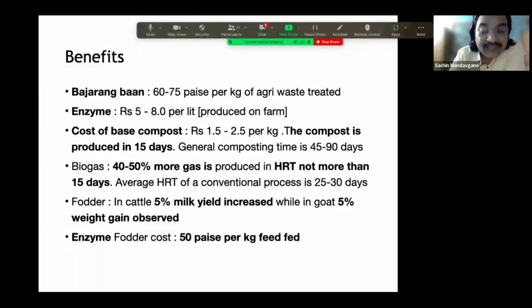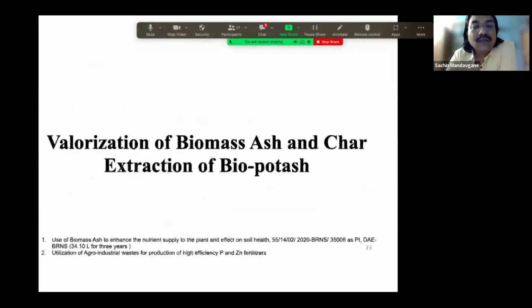HRT matters because that decides the volume of the reactor. Conventional process has HRT 25 to 30, whereas in our case, it is around 15 to 20. And moreover, the methane content is relatively good, around 65%. So these are the numbers.